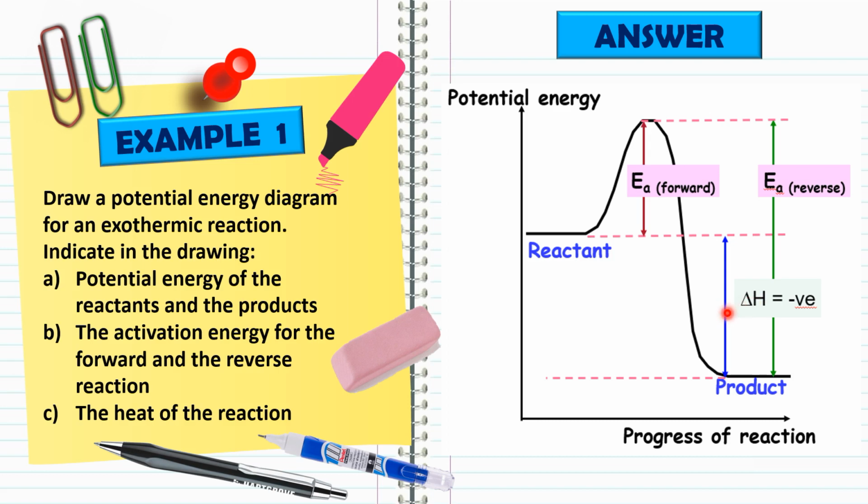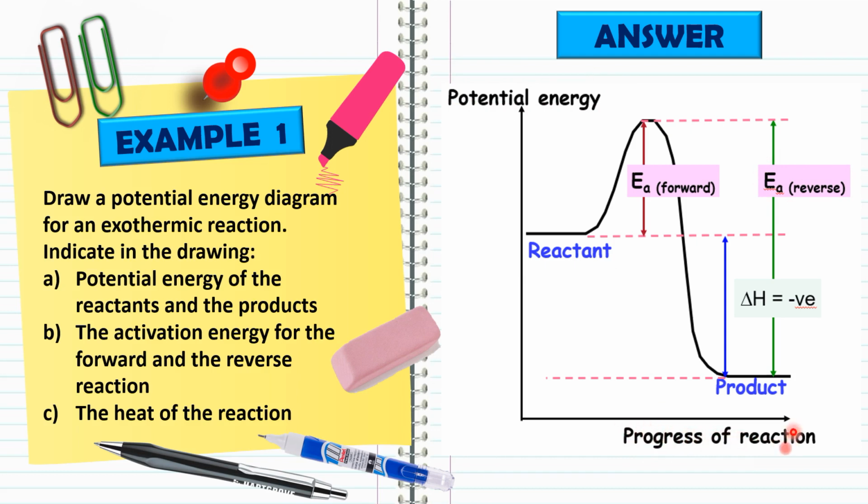As for the EA for the reverse, from the product here I draw an arrow until it reaches the top of the graph. So this is referred to as the EA for the reverse. And then don't forget to label the y-axis as potential energy, and the x-axis as progress of reaction.